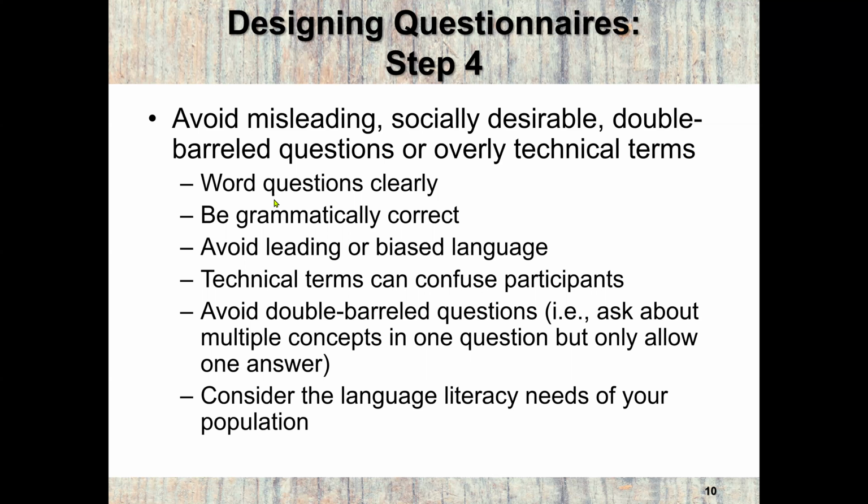So here we say the questions must be very clear, also grammatically correct. We should avoid leading or biased language. Technical terms can confuse some participants, again depending on the education level and their knowledge.